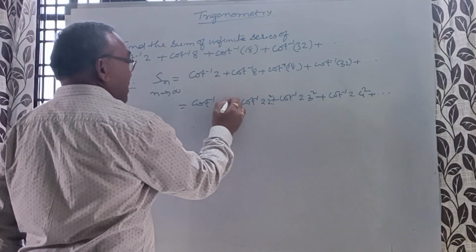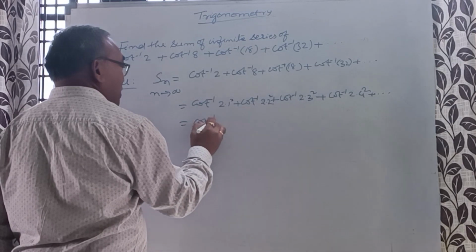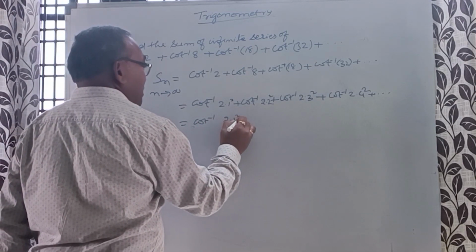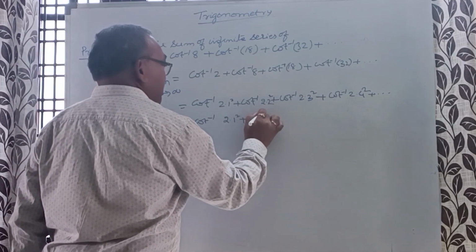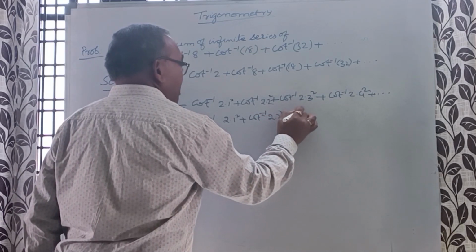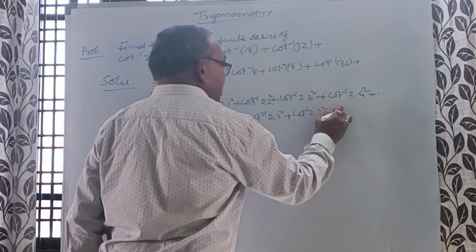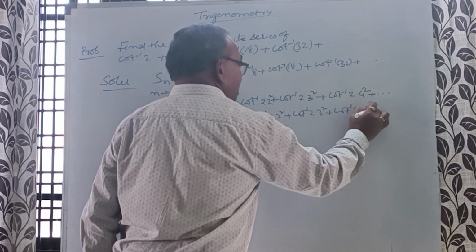Now this can be written as 1 square also: cot inverse of 2 into 1 square, cot inverse of 2 into 2 square, cot inverse of 2 into 3 square, cot inverse of 2 into 4 square.